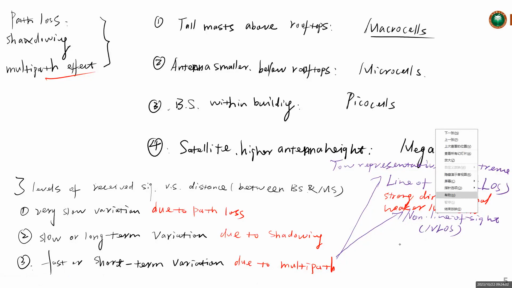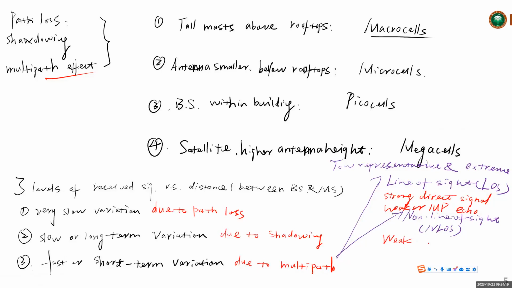Oppositely, for non-line of sight, there is a number of weak multipath echoes and no direct signal.